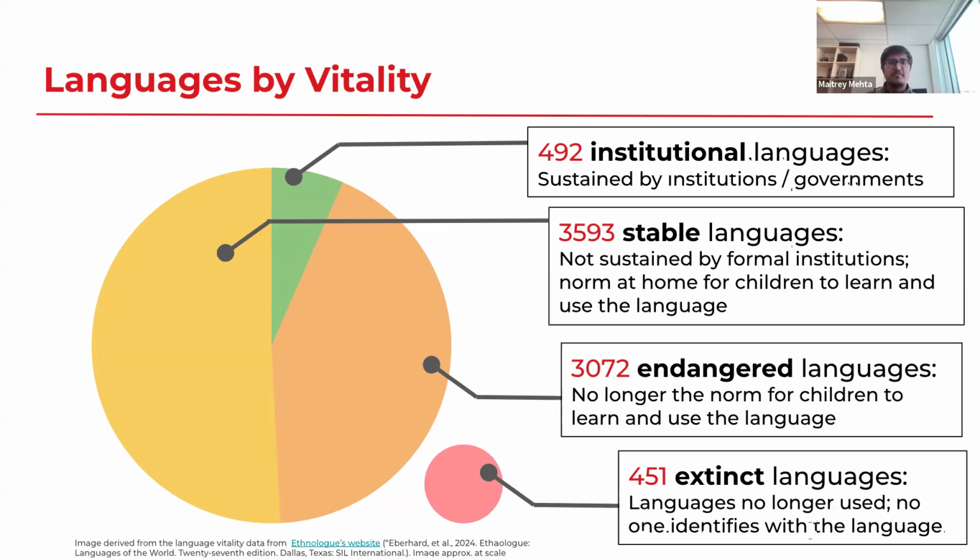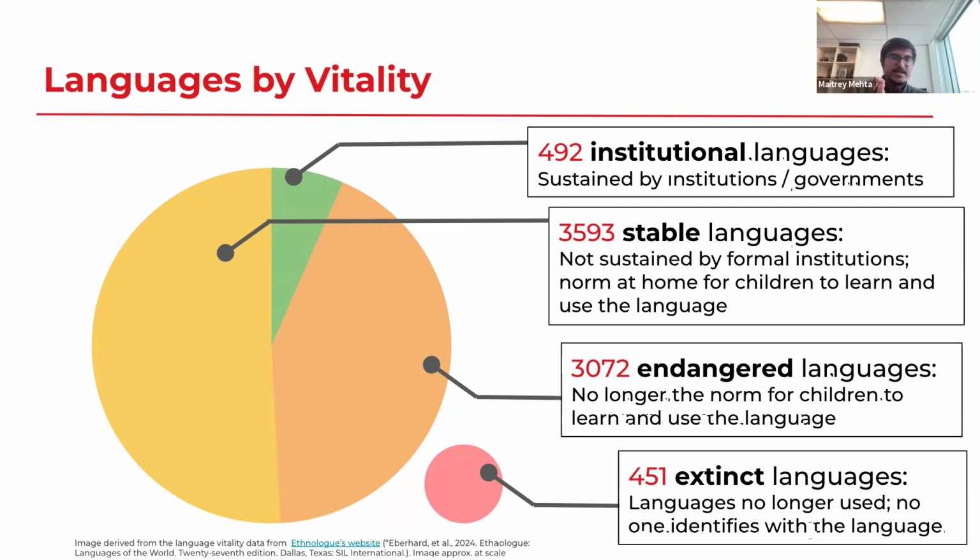And the fear is that if we don't take care or if we don't preserve these languages, they'll slowly start moving into the extinct bucket, right? So this is how the languages are bifurcated by language vitality, how much it is spoken, how much alive they are in this day and age.